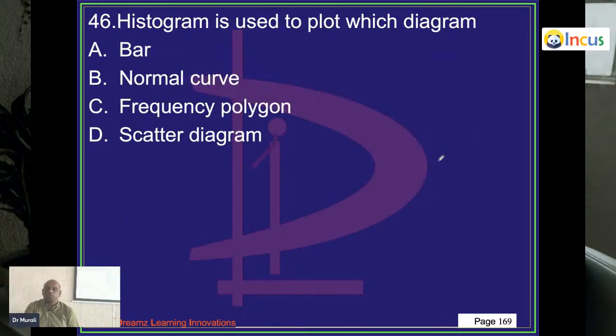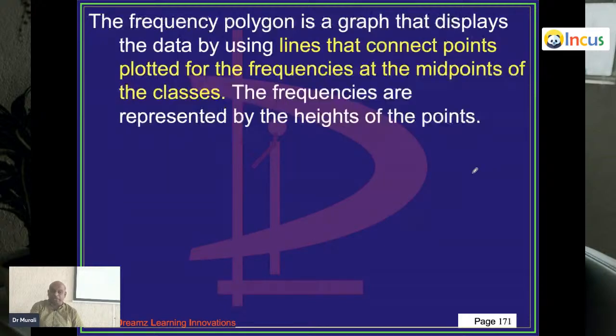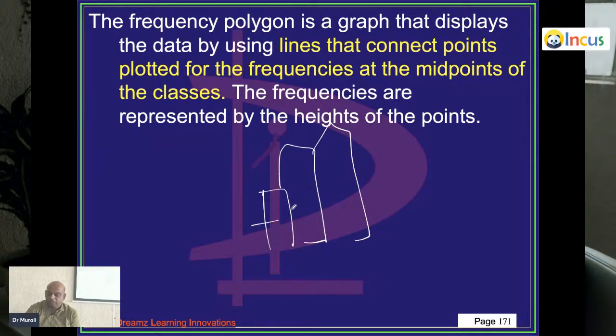Okay. Now, histogram is used to plot the frequency polygon. So what we will be doing is, you will take the midpoints and connect them. And that's how you get the frequency polygon.